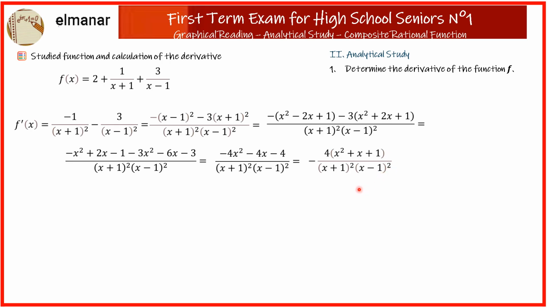Graphical interpretation. Sign of the derivative. To understand whether the function f is increasing or decreasing, we must examine the sign of its derivative. We consider the numerator, -4 multiplied by (x² + x + 1). To determine its sign, we compute the discriminant of x² + x + 1.